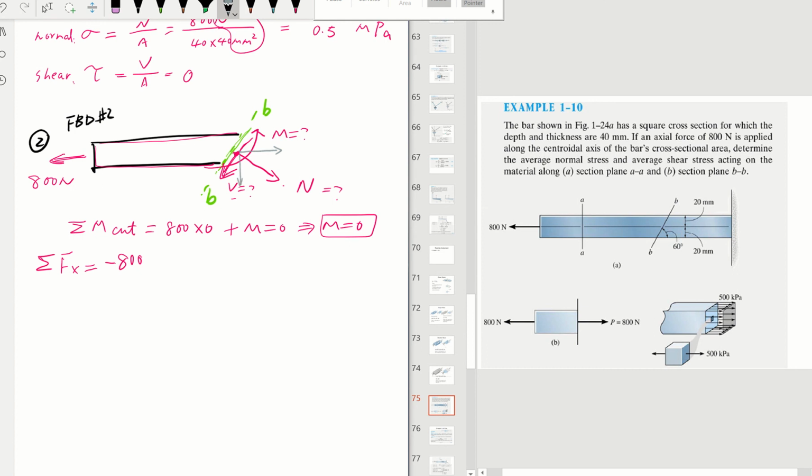So how do we work on this? They give us this angle here. Look at this one, it's 60. So if this angle is 60, what angle will be 60 here? Okay, so this angle would be 60 degrees.